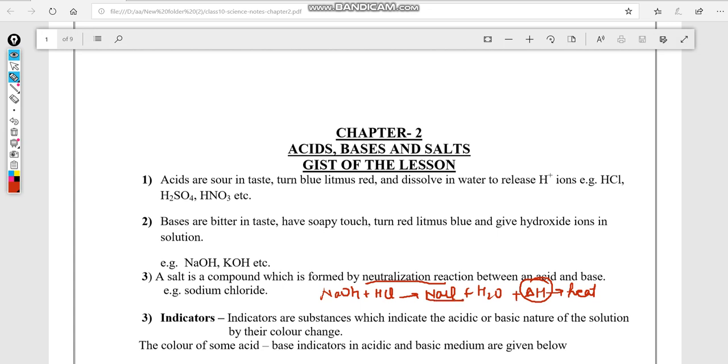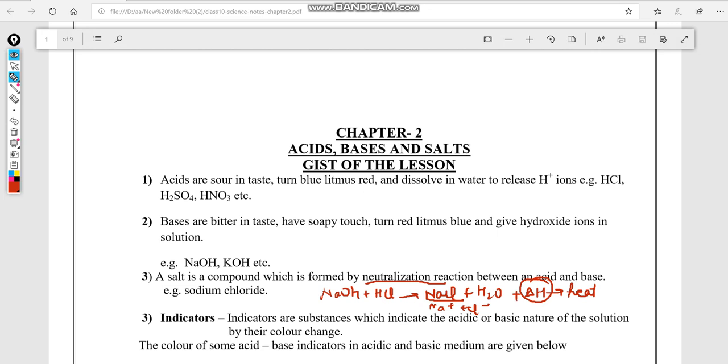And sodium chloride, this is an ionic compound or salt, dissolved in water, hence it remains in form of ions. The aqueous solution contains sodium ion and chloride ion, and all solutions which contain ions conduct electricity.